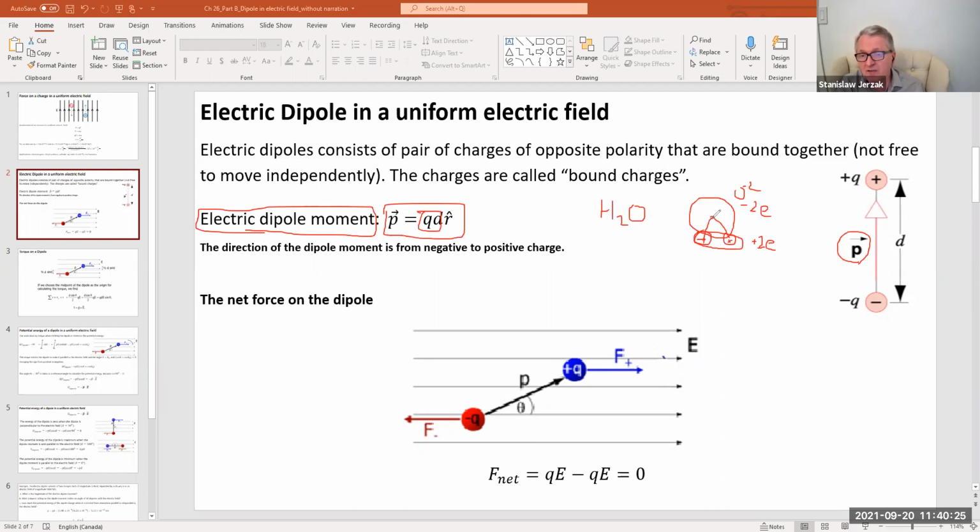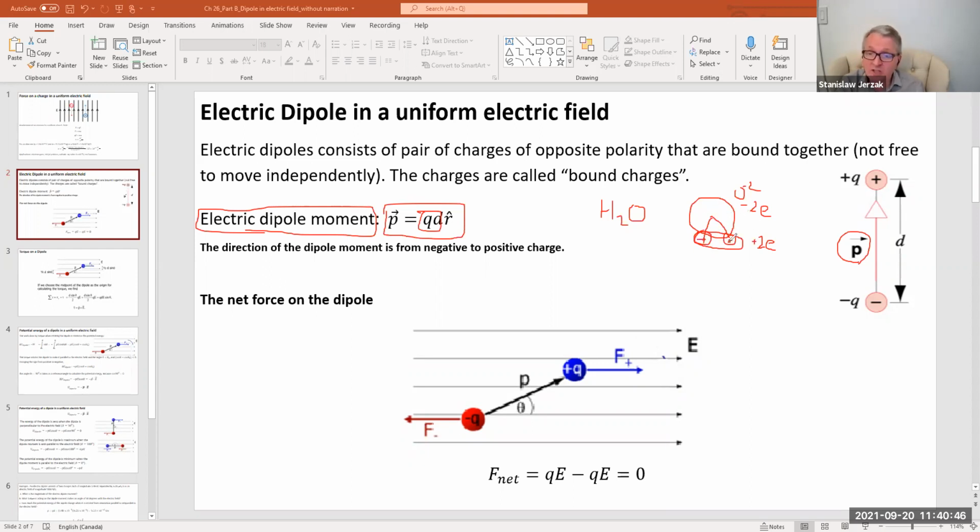And effectively, that negative charge and positive charge of the protons are separated, right? Because the oxygen and protons are separated a little bit. The center of mass of the oxygen and the center of mass of these 2 protons are separated by a tiny distance, maybe about 10 to the negative 9 meters. And that's the dipole.